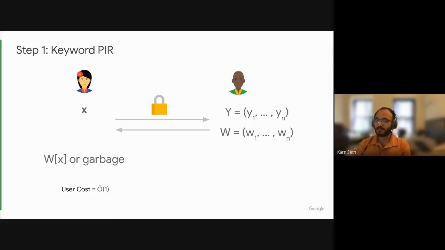Our first step is to go to keyword PIR, which allows the user, instead of an index, to provide an ID or a keyword to query against the server's database, and to get back either the associated weight, in case it was in the dataset, or some garbage value. This step is actually easy, but the big problem is the garbage value that comes back when x is not in the dataset.